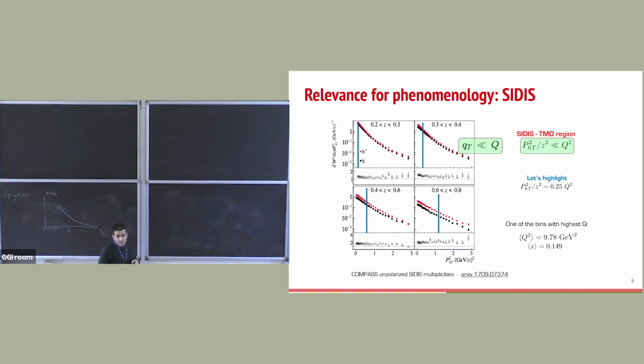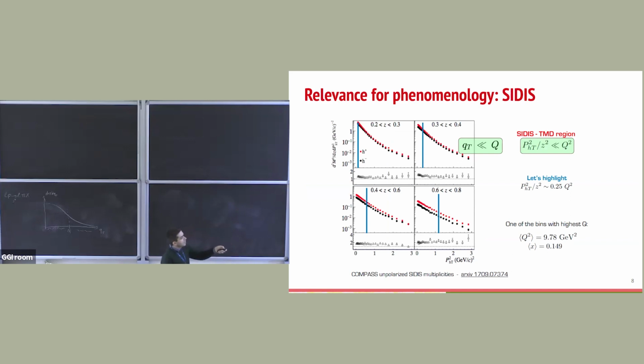For semi-inclusive DIS, the story is different because the Qt that enters the factorization theorem is the Qt of the intermediate photon, but it's related to the PT, the transverse momentum of the observed hadron in the final state, via a Lorentz transformation that basically boils down to Qt equal to PhT divided by z.